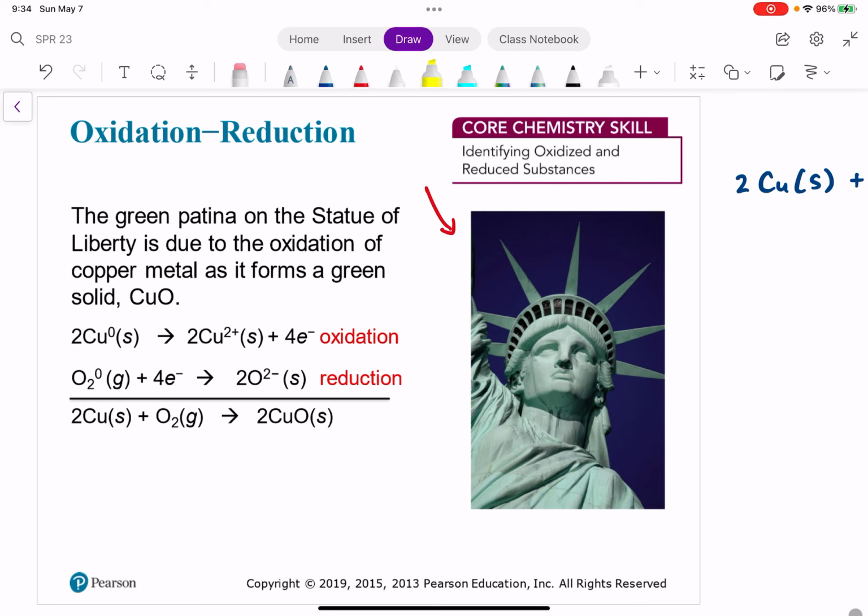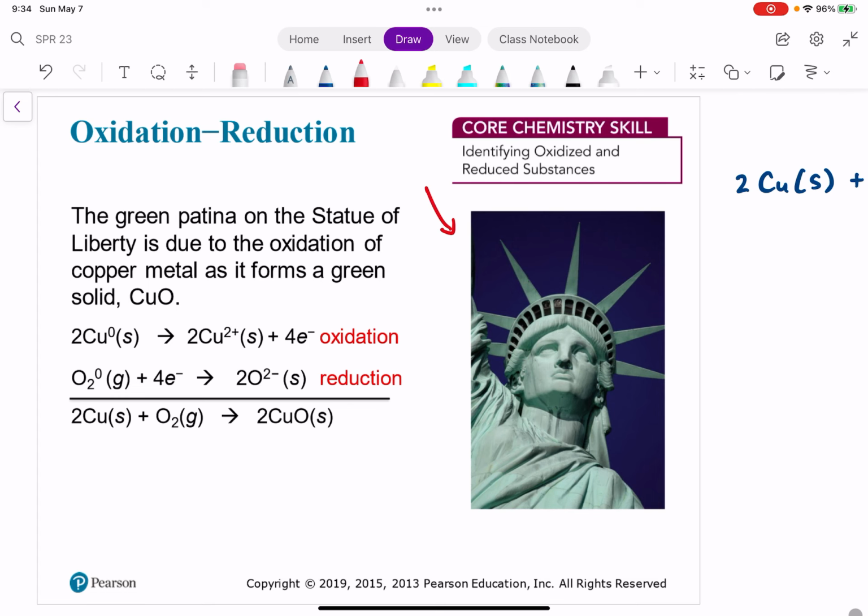How did I know it was copper(II)? Well, we have Cu2+ here. And I also read it in your book. That green solid that we see on the Statue of Liberty is also called patina, and it's due to a redox reaction.